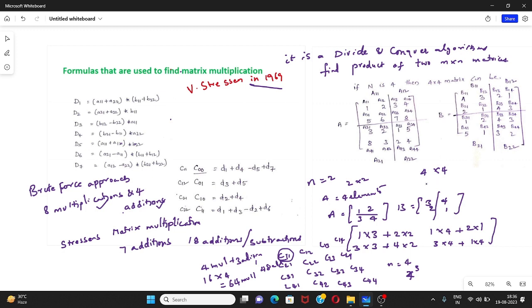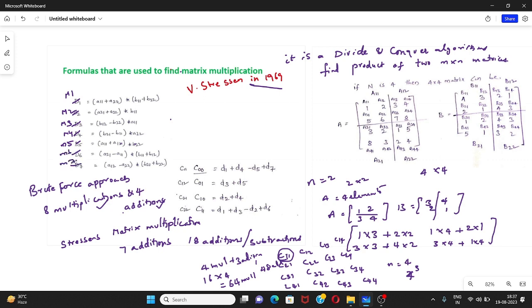Whereas the idea behind this Strassen matrix multiplication is that it is going to reduce the number of multiplications. For that we have to use these formulas: M1, M2, M3, M4, M5, M6, and M7.